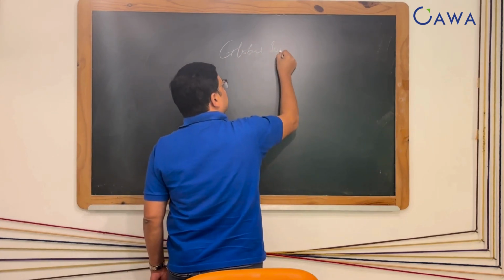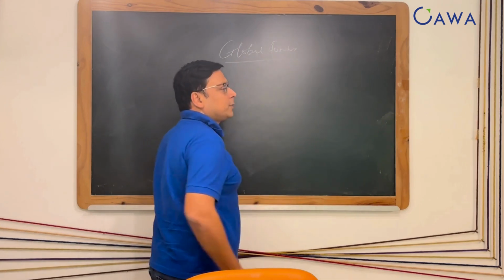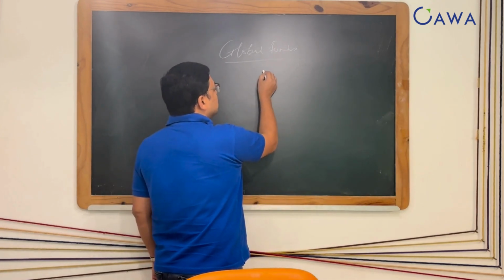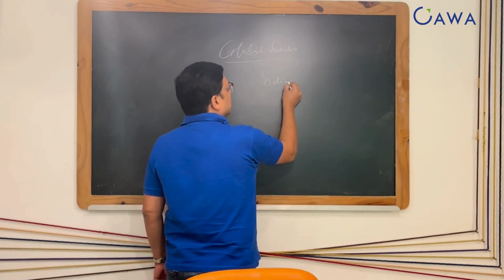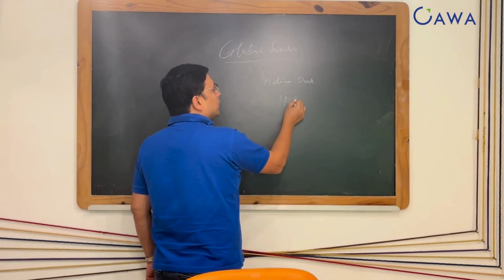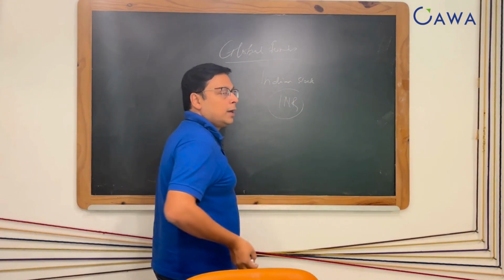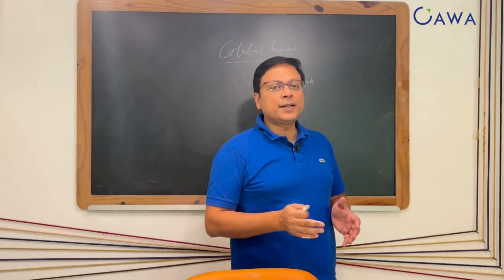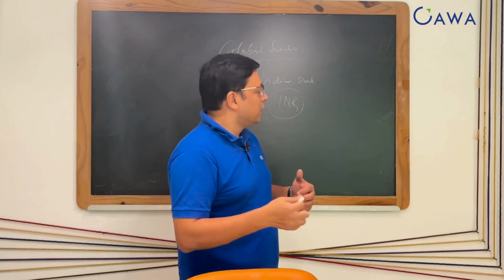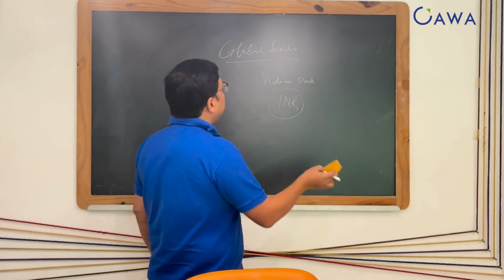Global funds. As an investor, we are investing in the Indian stock market. So our exposure is in Indian stocks, and our exposure is also on the Indian rupee. Now, as an investor, I might think, you know what, I need a little more diversification where I want a few stocks which are not Indian in nature.